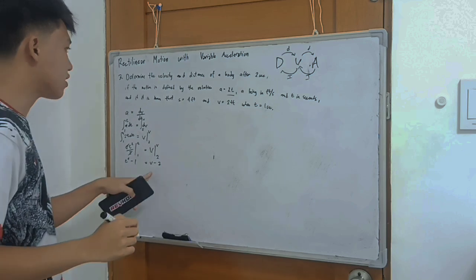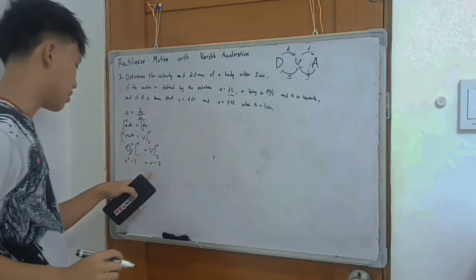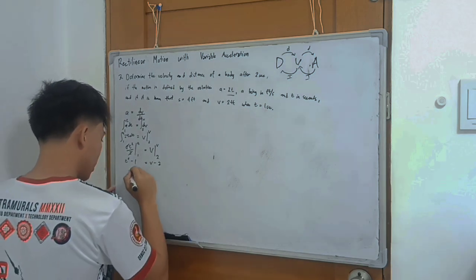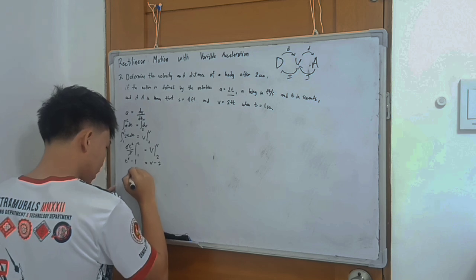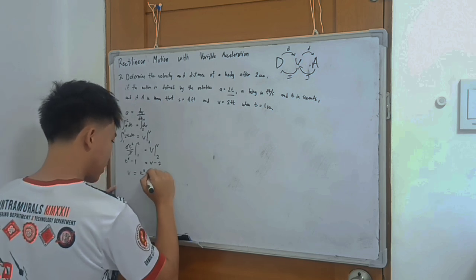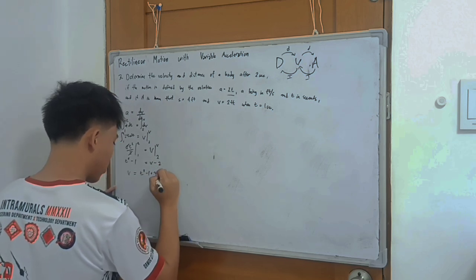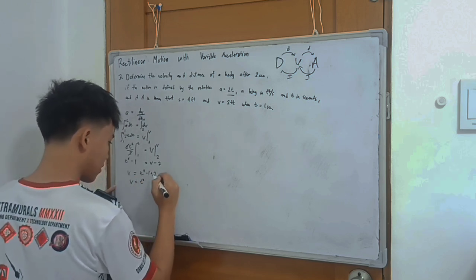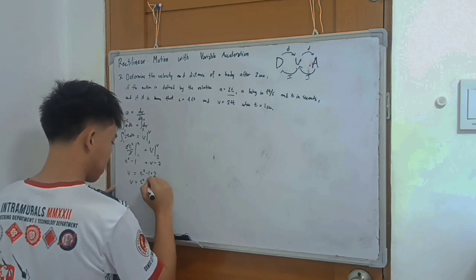So you can get the velocity by transposing the negative 2. So v is equal to t squared minus 1 plus 2. So v is equal to t squared plus 1.